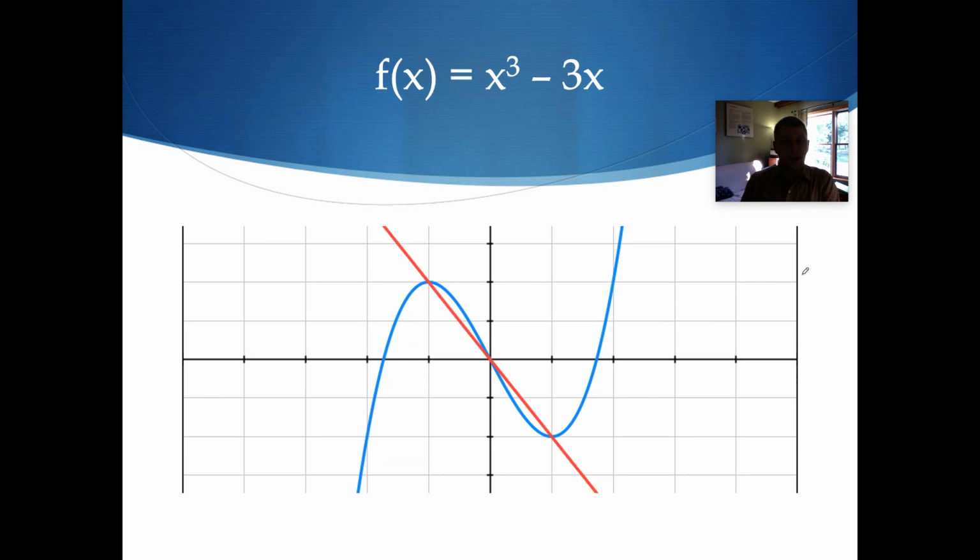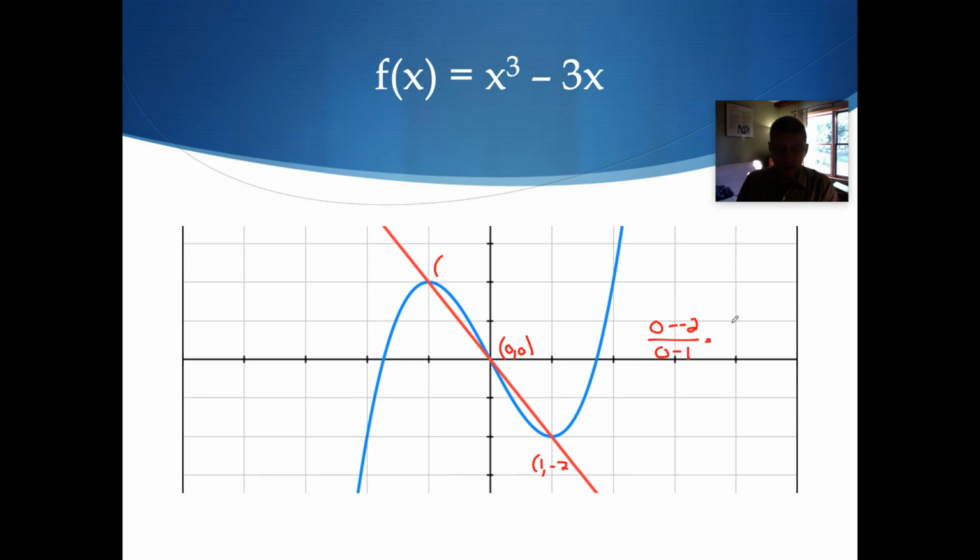Now, in the other graph, I started at this point, between x equals 0 and x equals 1, right? So this point is 0, comma 0. This point is 1, comma negative 2. And if I want to calculate the average rate of change, it's going to be 0 minus negative 2 over 0 minus 1.